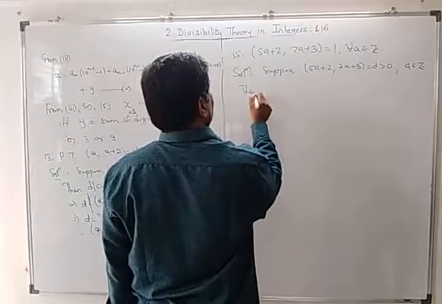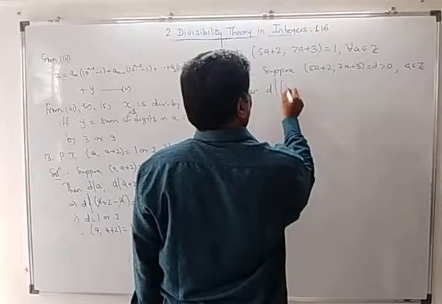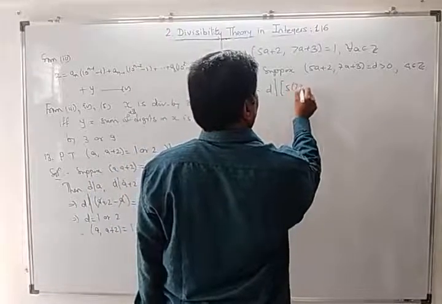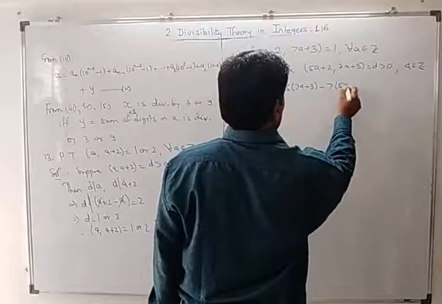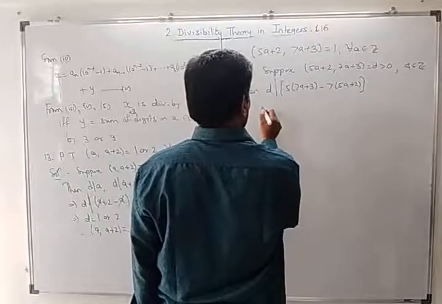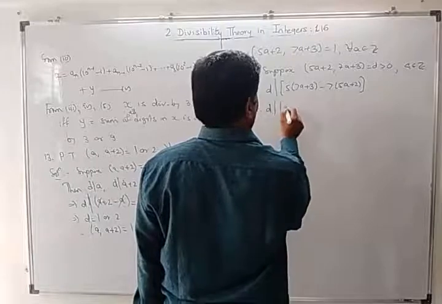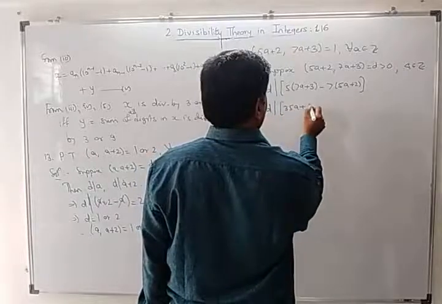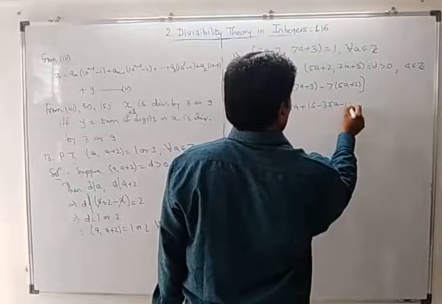Then d divides 5 into 7a plus 3 minus 7 into 5a plus 2, that is d divides 35a plus 15 minus 35a minus 14.